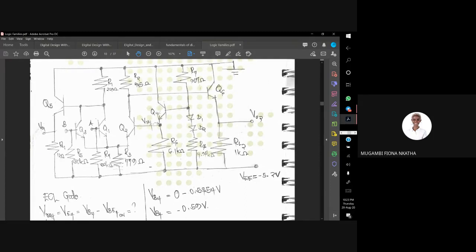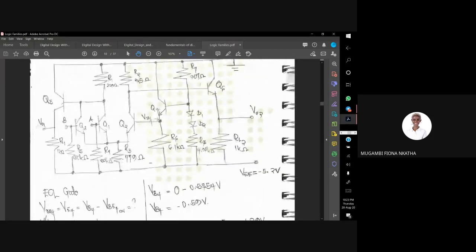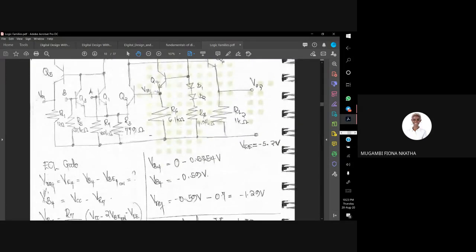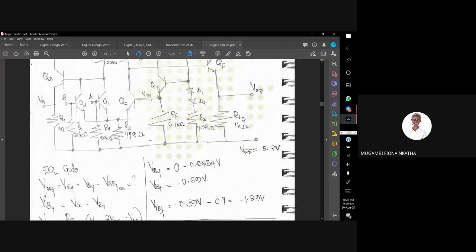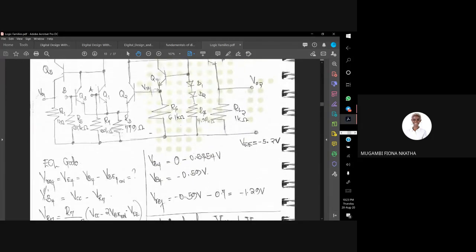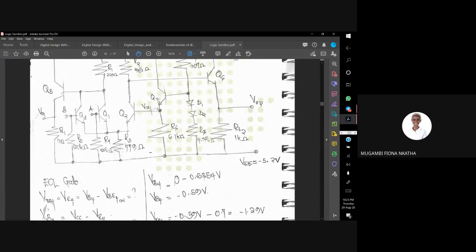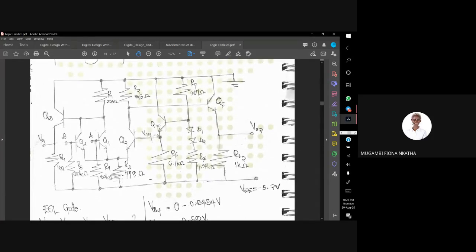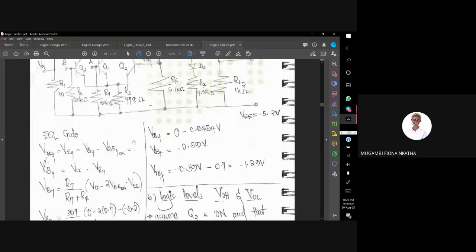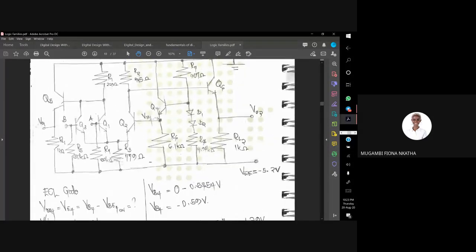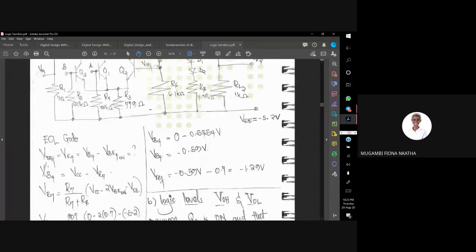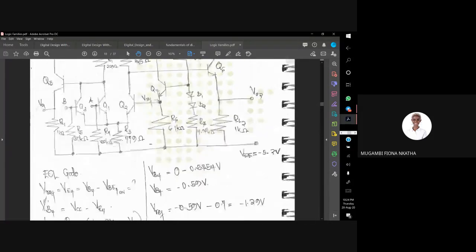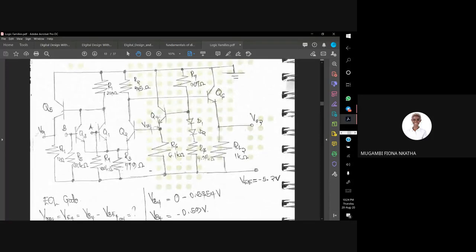Our VB4 is equal to VCC minus the voltage drop across R7. Here we are going to apply a lot of voltage divider work and analog work, remembering voltage divider bias, how we did it.